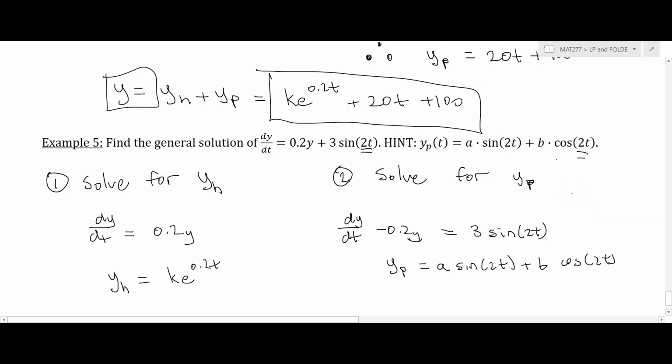They have different frequencies. So the derivative of this will be, well, the derivative of sine 2t is 2a cosine 2t. And the derivative of cosine 2t is going to be negative 2b sine of 2t.